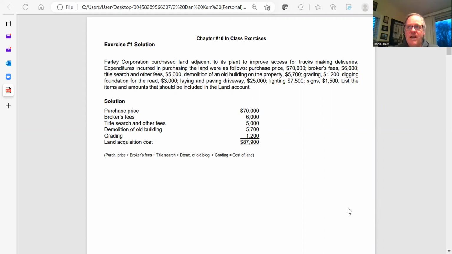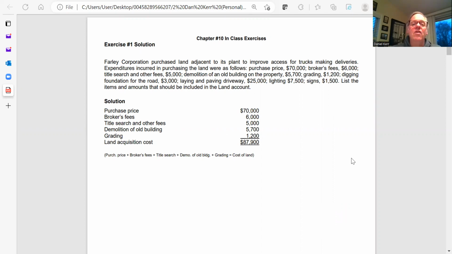And we said the cost of an asset, whether it's a piece of land or a building or a piece of equipment, is all those costs necessary to get the asset installed for the purpose I purchased it for. So anytime we buy something, we have to ask ourselves what gets capitalized and becomes part of the cost of the asset, and what doesn't get capitalized. If it doesn't get capitalized, it gets expensed.